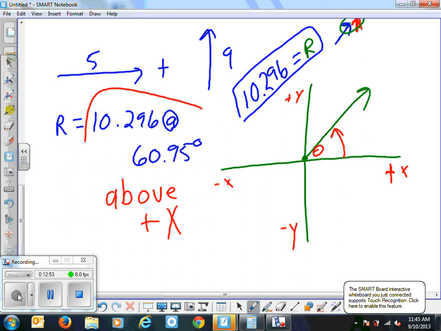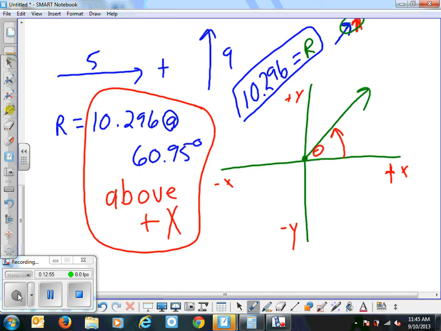Is that my answer? So that is what I expect for any time we have an answer that we need to give in vector form. Okay, one more thing I want to show you here.